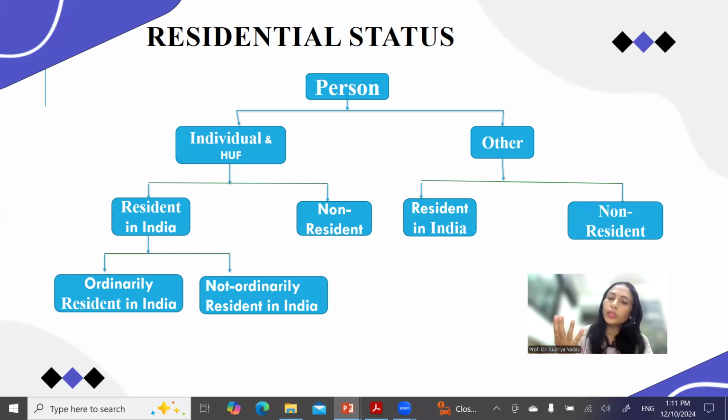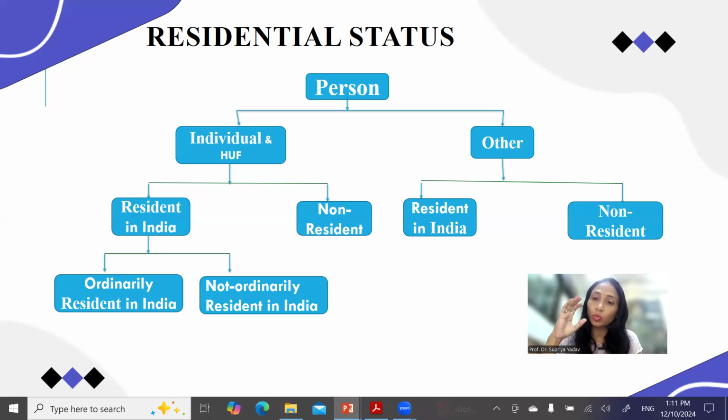So Howard University is non-resident from India's point of view. How will the income tax department charge it as a non-resident of India? Suppose Howard has a collaboration with Mumbai University, and they have some students of our university, and they offer some lectures or courses to them and collect some fees from here.